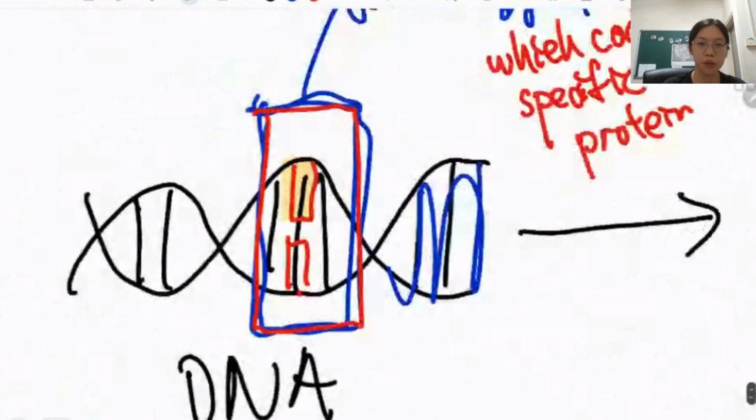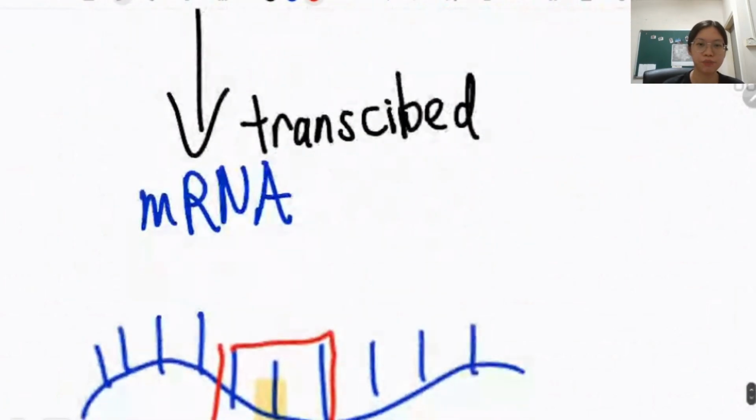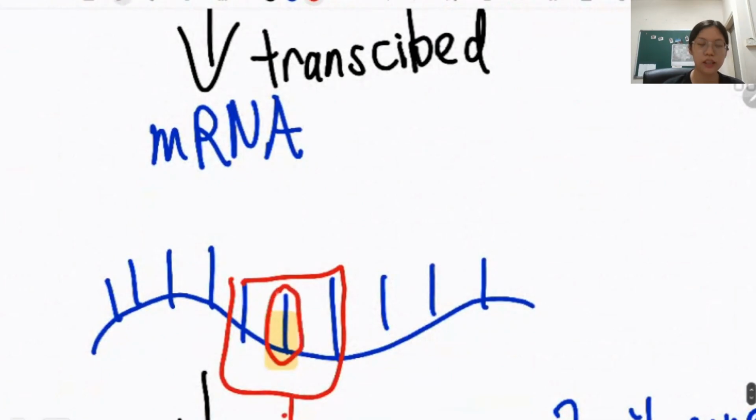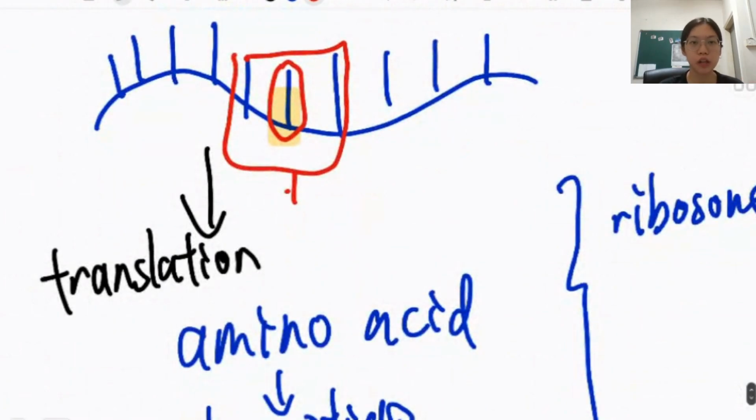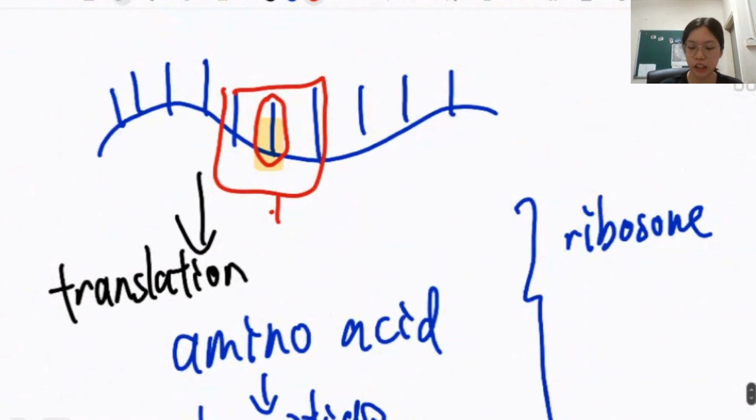Whereby when you want to say that, oh, this is not the correct way, but I'm just putting it as an example. So if one of the bases changes, let's say, then another base also changes. Then this base in the mRNA also changes, right? So the code for a specific amino acid, let's say initially you want GUA to code for, okay, this one is a wrong example, but let's say it's glutamic acid.